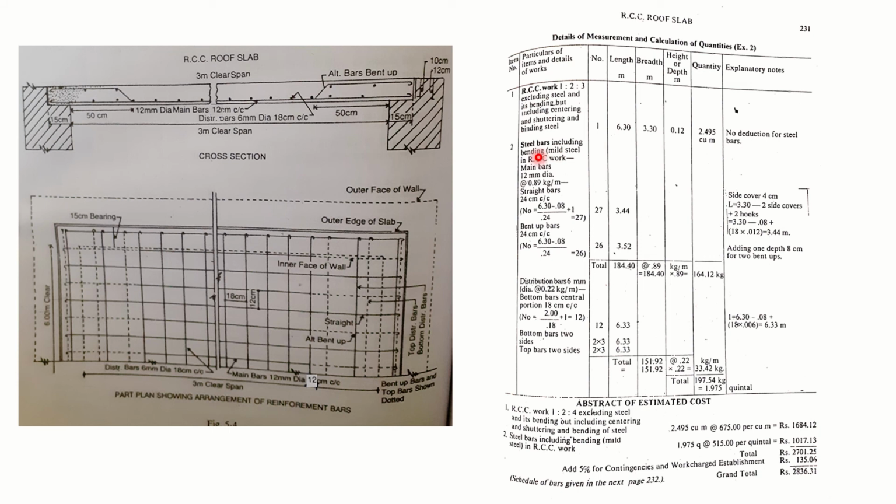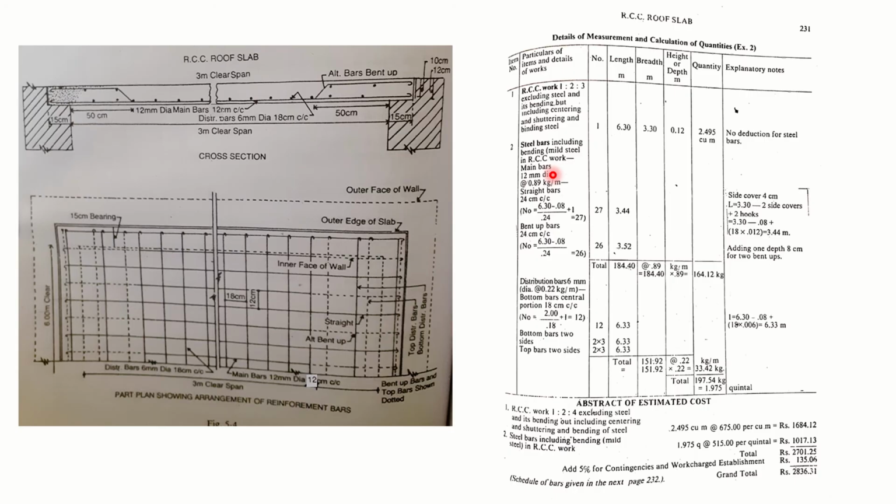Now steel bars. First of all, we will do the main bars, which are 12 mm dia at 0.89 kg per meter. First of all we have to pay attention here that we are calculating the lengths of bars, so we have to know the weight of that particular bar per meter length. How will you calculate that?